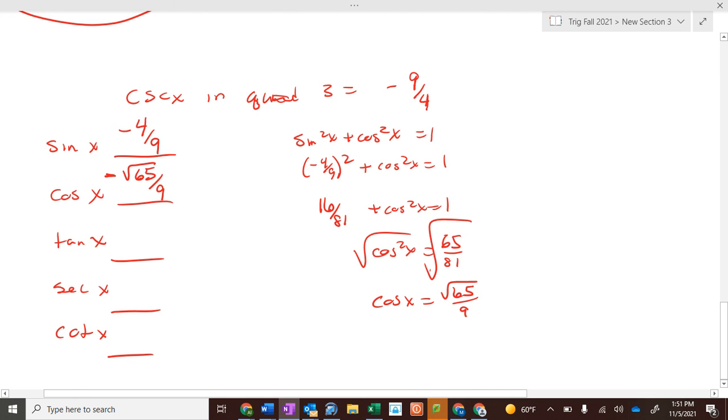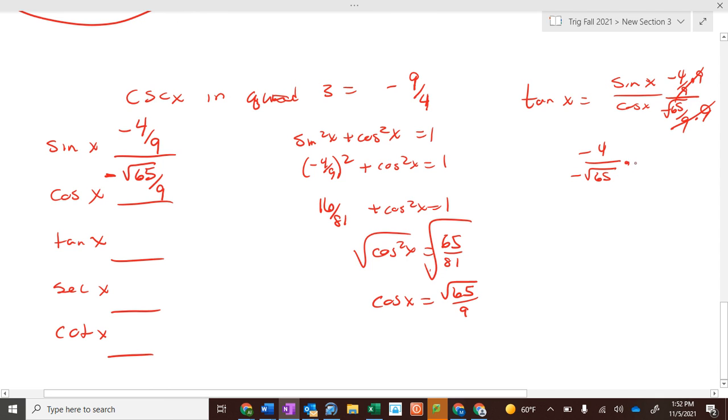Tangent of x. What is the tangent of x? Sine of x over cosine of x. So it's negative 4/9 over negative square root of 65 over 9. What will you do with the two denominators? Multiply them by 9, because that's the denominator, they cancel out. So you give a negative 4 over negative square root of 65.